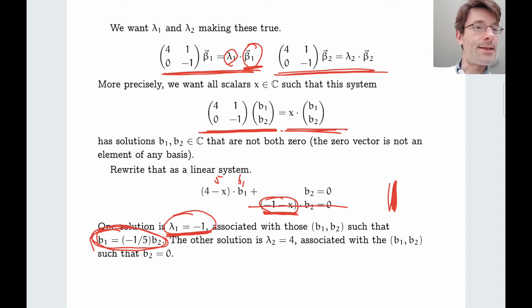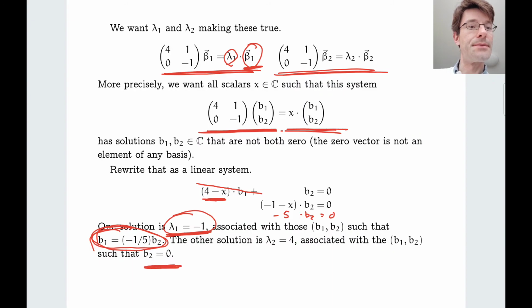And then another way of generating an interesting solution would be x equals 4, or lambda 2 equals 4. That gives us a 0 here. Then here -1 minus 4 is -5 times b2 equals 0. Well, that forces b2 to be 0.